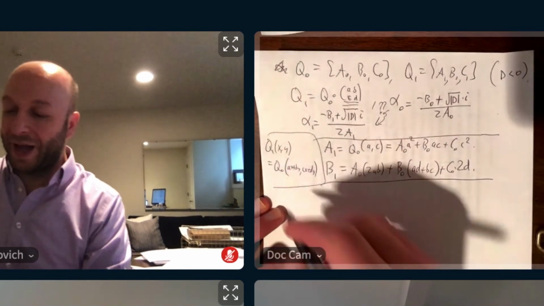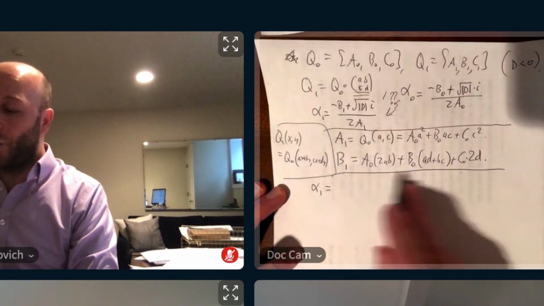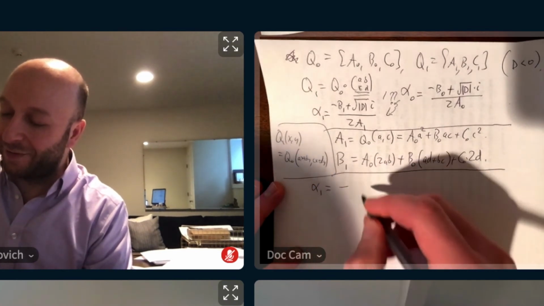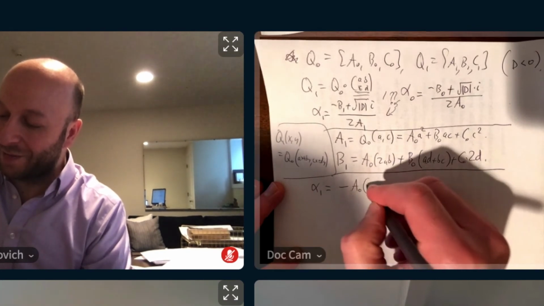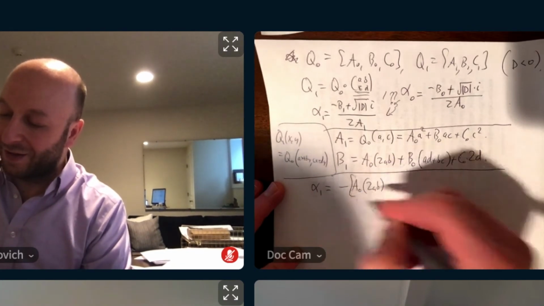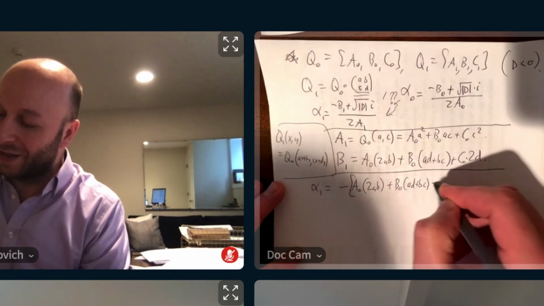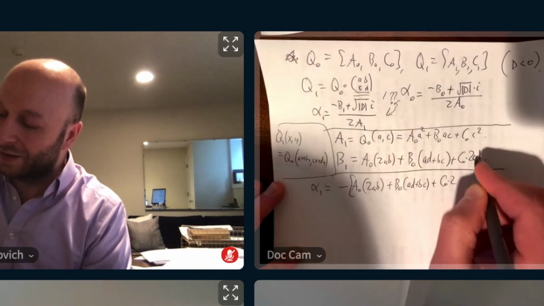So let's look back at alpha 1. Alpha 1 is equal to negative B1, which is all of this stuff. Negative B1 is negative A0 times 2AB plus B0 times AD plus BC plus C0 times CD.